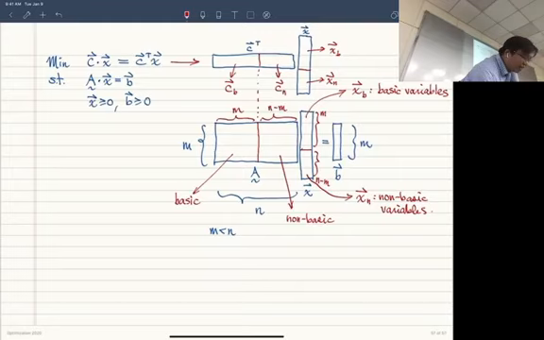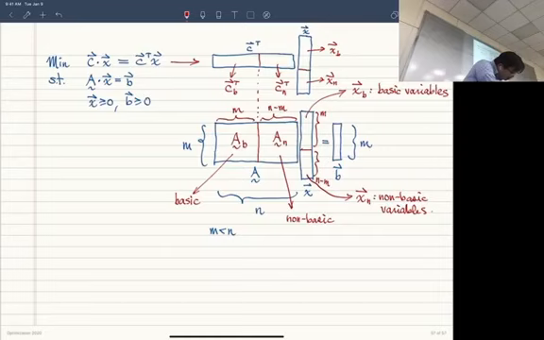And to be precise, because they are placed horizontally, I should put a transpose sign here. B represents basic, N represents non-basic. So you can call the left half here AB, and here is AN. So we separate them in this way.